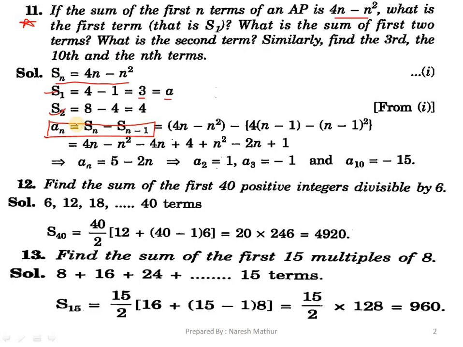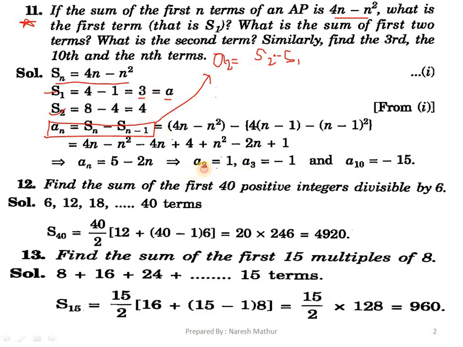Sn minus Sn minus 1. We can do it in two different ways. One is given here; I am talking about the second one. We can write a2 equals S2 minus S1. Here we get the value of a2: 4 minus 3, that is 1.